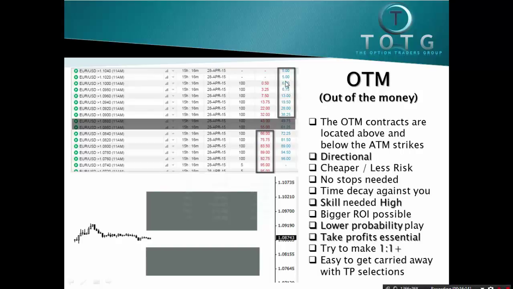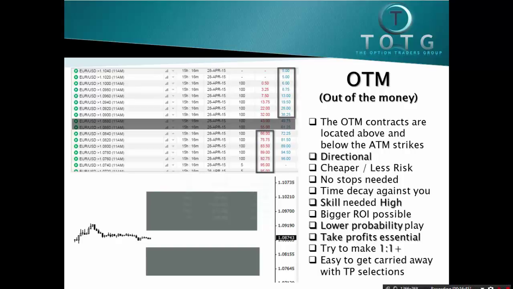So 100 minus 6, that's $94 profit potential on a $6 risk. The only drawback is your percentage of winning that trade is 6%. It has a 6% chance of getting and staying above that strike at expiration. So it's a low probability play.